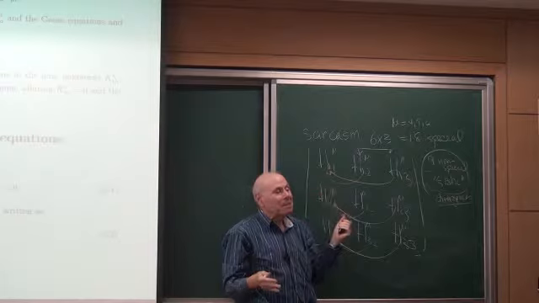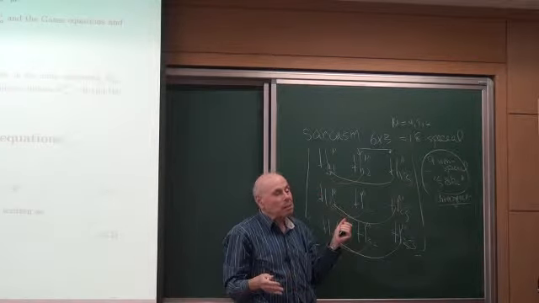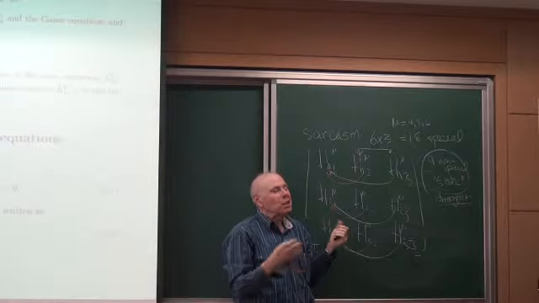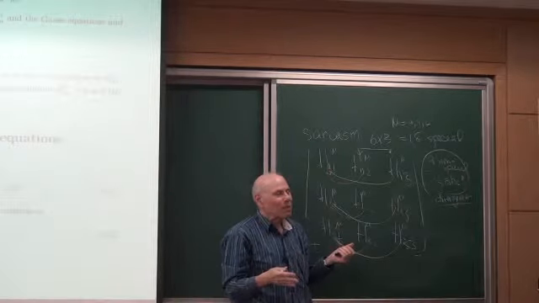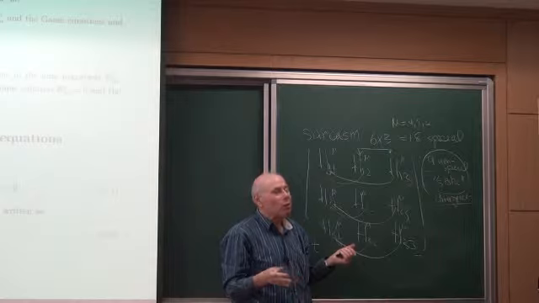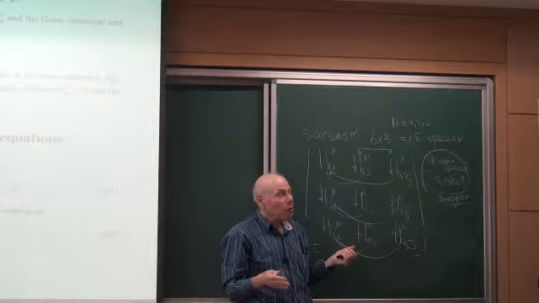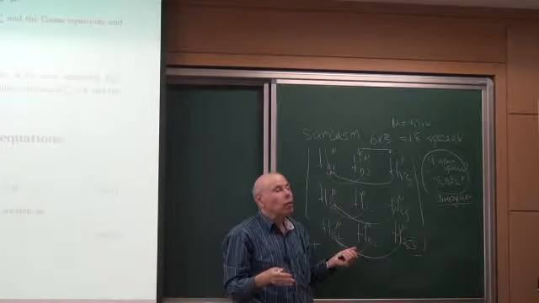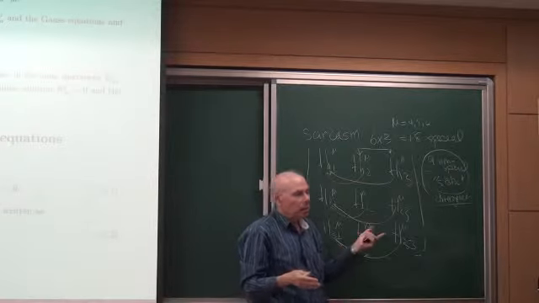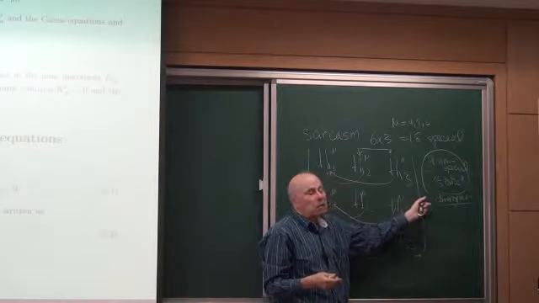So if there's no repetitions, or no more repetitions than there should be, I haven't lost anything more, we know there are 21 independent Cauchies. If I had done this, here I have 27.